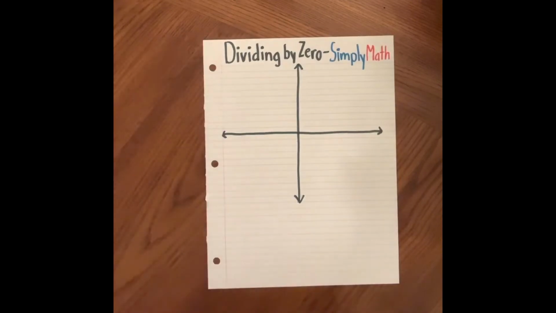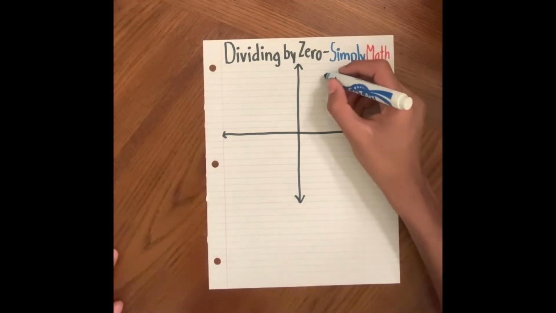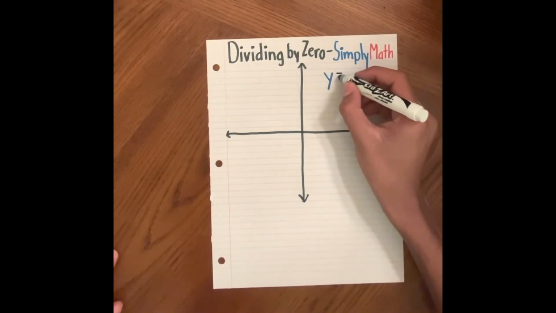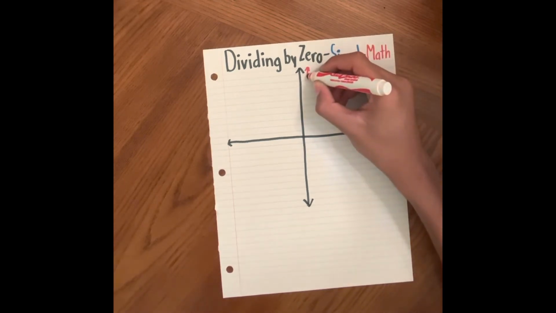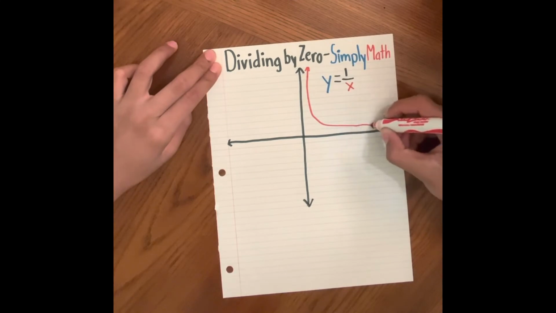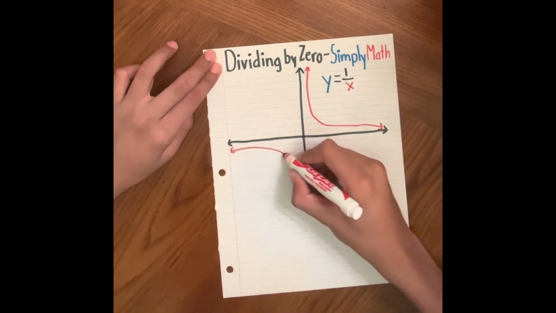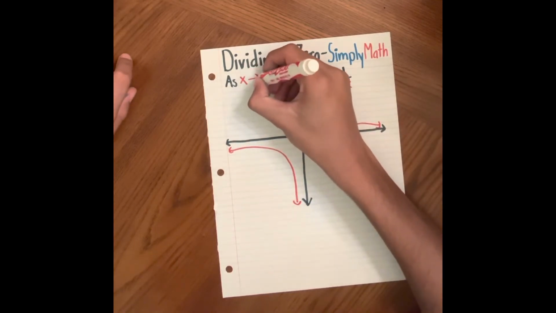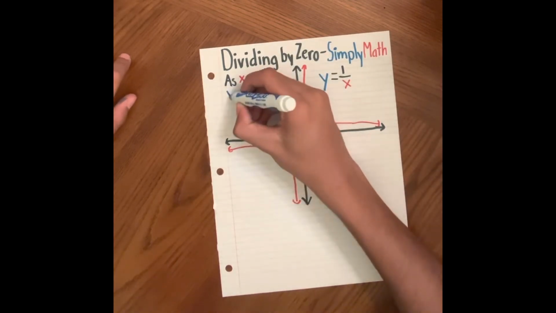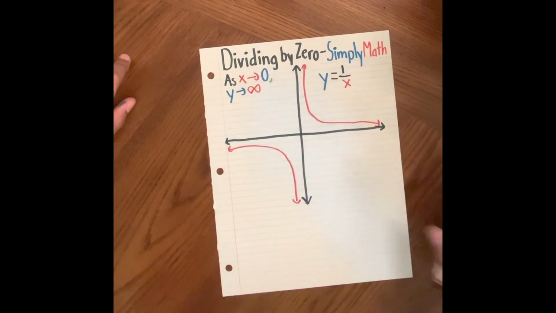Now we're going to show 1 over 0 using the rational graph. So first, let's write down the equation of the graph, y is equal to 1 over x. And now let's draw the line of the graph in the first quadrant, and then the line of the graph in the third quadrant. And so in the first quadrant, we can see that as x is getting closer to 0, and so from right to left, y is getting closer to infinity.